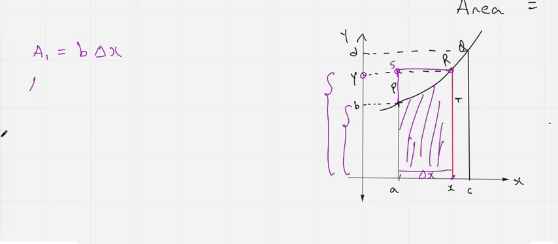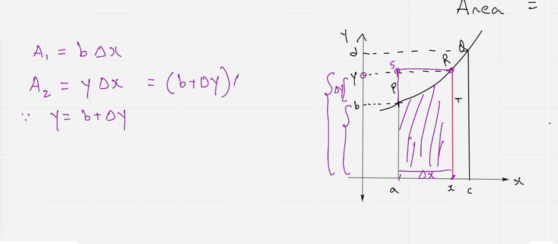So I call this area my A2, and it is equal to y multiplied by del x. Now the question comes to mind that between b and y there is a difference, and we call that difference our del y, right? So in other words, you can also say that y is equal to b plus del y. So I can replace my y by b plus del y, multiplied by del x. This is my A2. I hope it's clear till here.